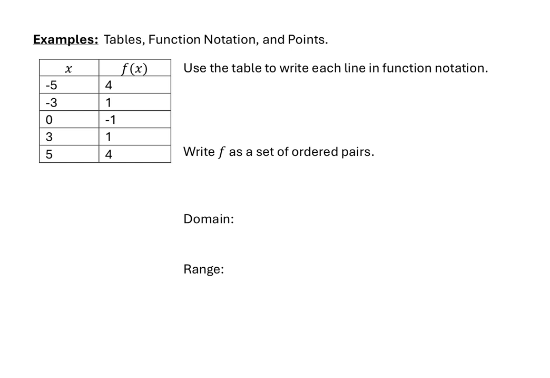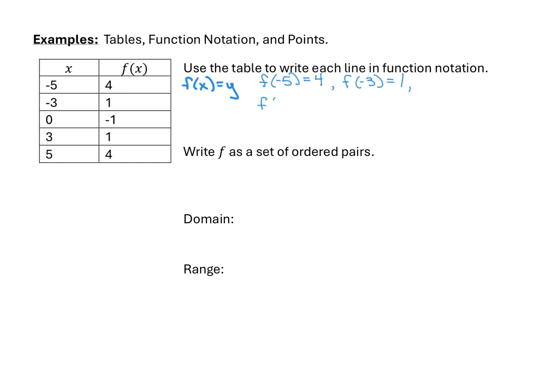Remember, our basic notation is f of x equals y. So for each one of these, we have when x is negative 5, y is 4 in function notation. We have when x is negative 3, y is 1 in function notation.